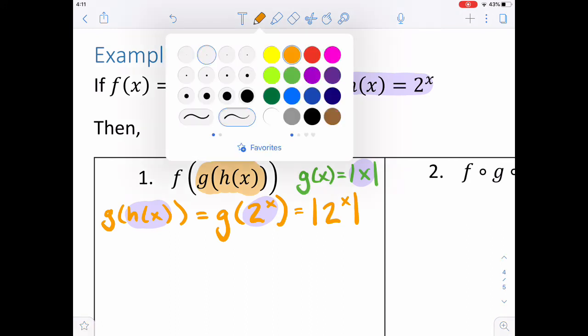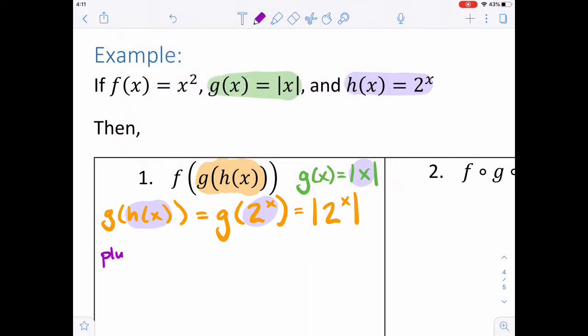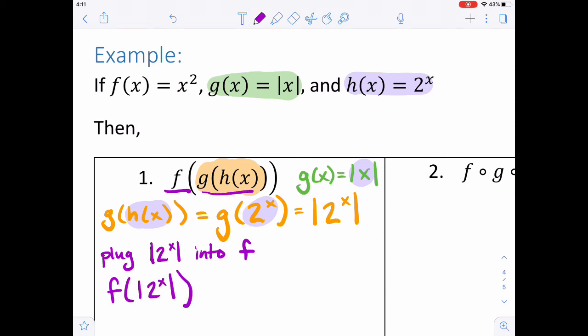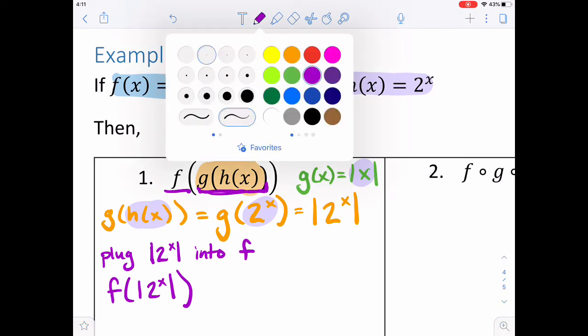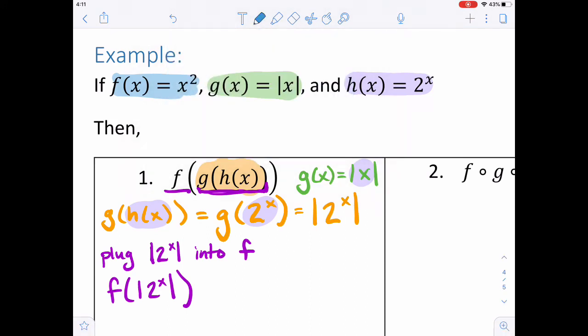So now I need to plug that in. Well, we just got it, absolute value of 2 to the x, into our outside function, f. So we now need to find f of the absolute value of 2 to the x. That's because the absolute value of 2 to the x is this whole thing. So what is f? Well, f is this guy. So f of x is equal to x squared.